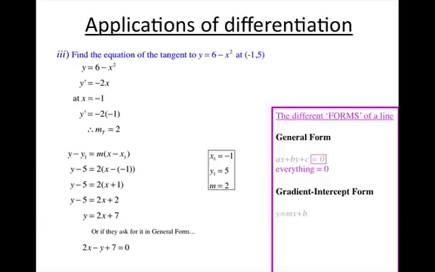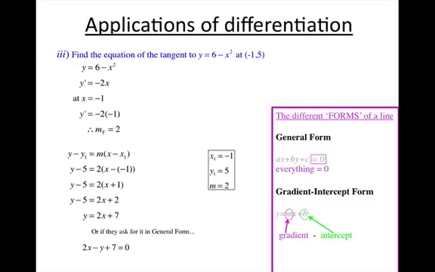The gradient intercept form is our old school formula, y equals mx plus b. It's called gradient intercept because, pretty much like our point gradient from before, it's the gradient and the intercept.